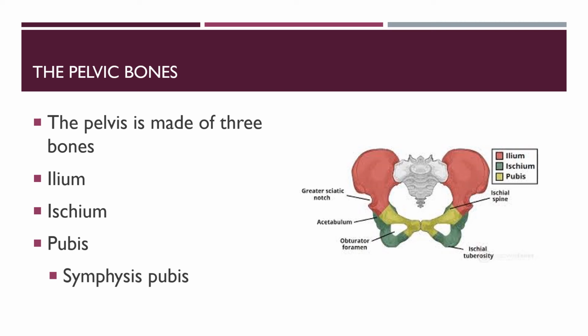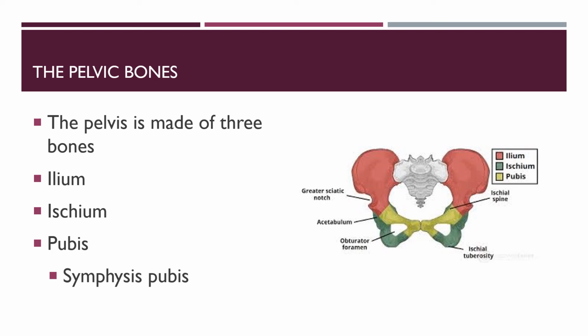It includes the ovaries, the uterus, and the bladder. So when we're looking at these bones, most people think they have basically 2, one on each side, but really it's made up a total of 6 bones, 3 individual bones on each side of the body.